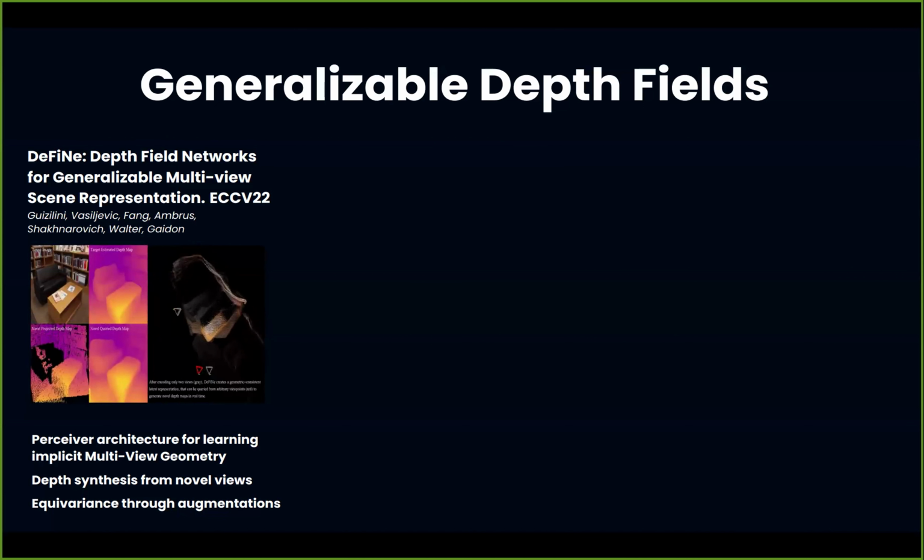We use knowledge about the camera extrinsics and intrinsics to create geometric embeddings which are passed to the network along with the images. These embeddings condition a latent space, which is a global latent space shared across all the samples, across all the dataset. Once we condition this latent space at inference time, we can decode it from new viewpoints and obtain, in this case, depth estimates.